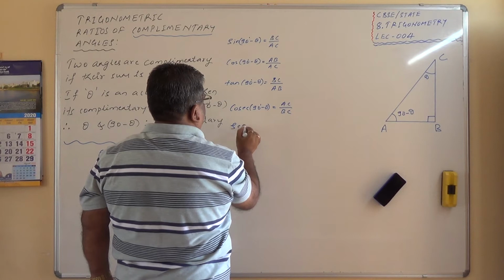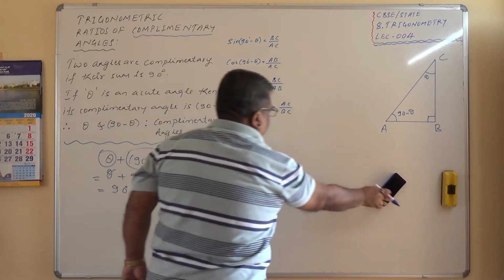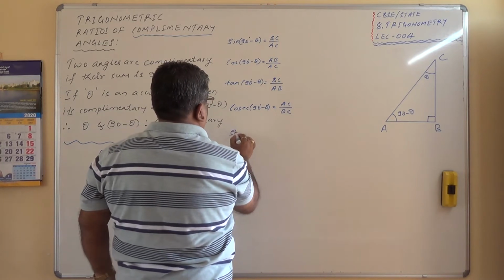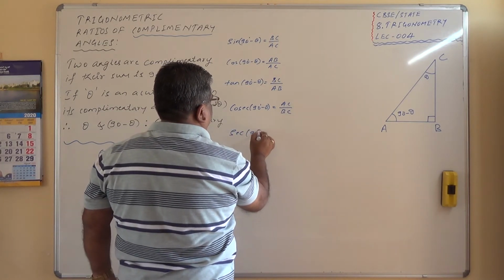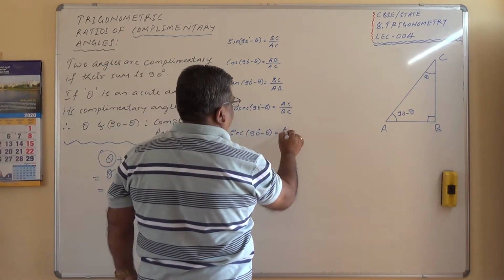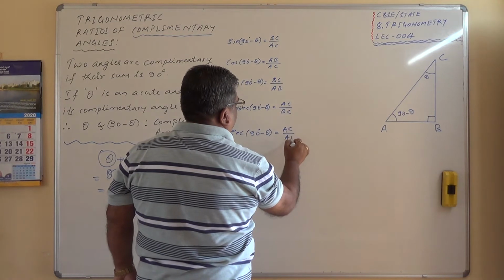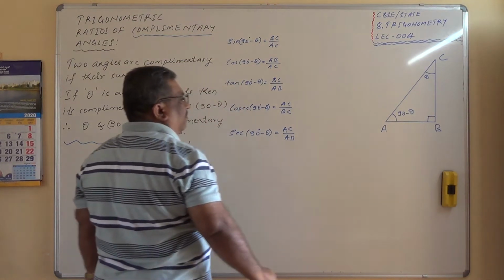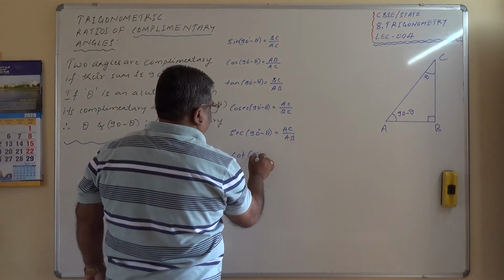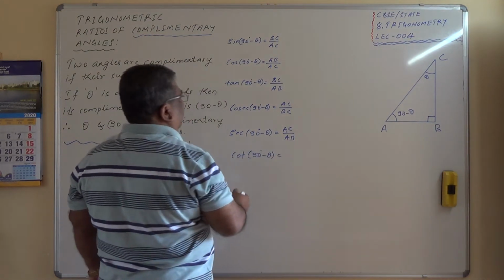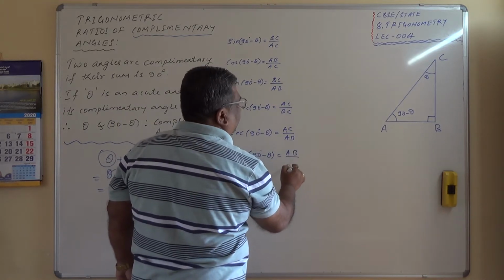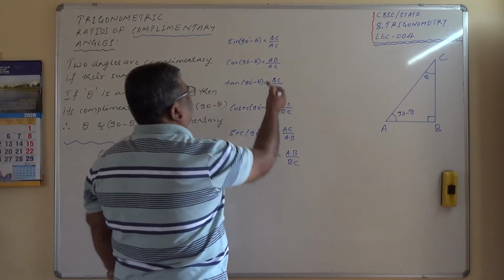Secant of 90 minus theta, reciprocal of cos, AC by AB, hypotenuse by adjacent side, and cot of 90 minus theta, adjacent by opposite, reciprocal of tan, AB by BC.